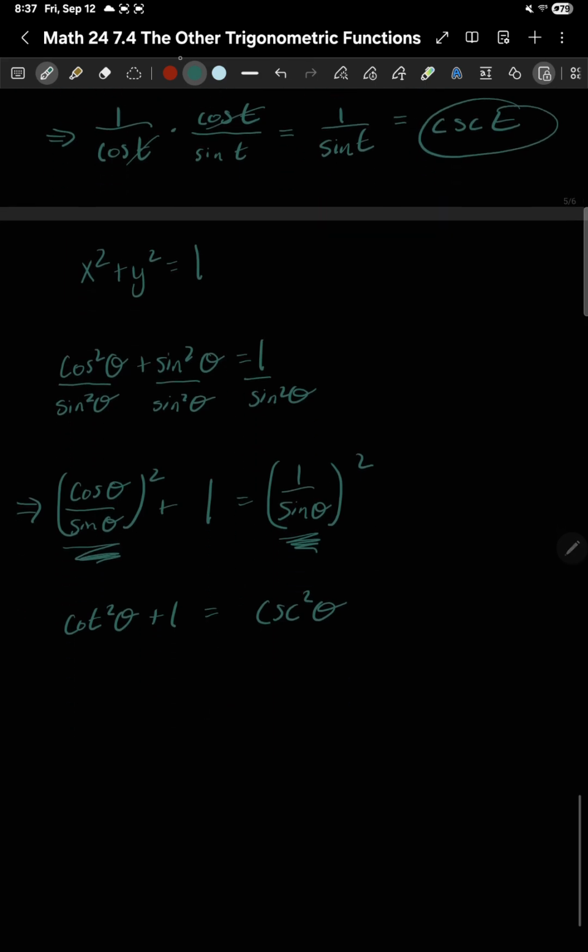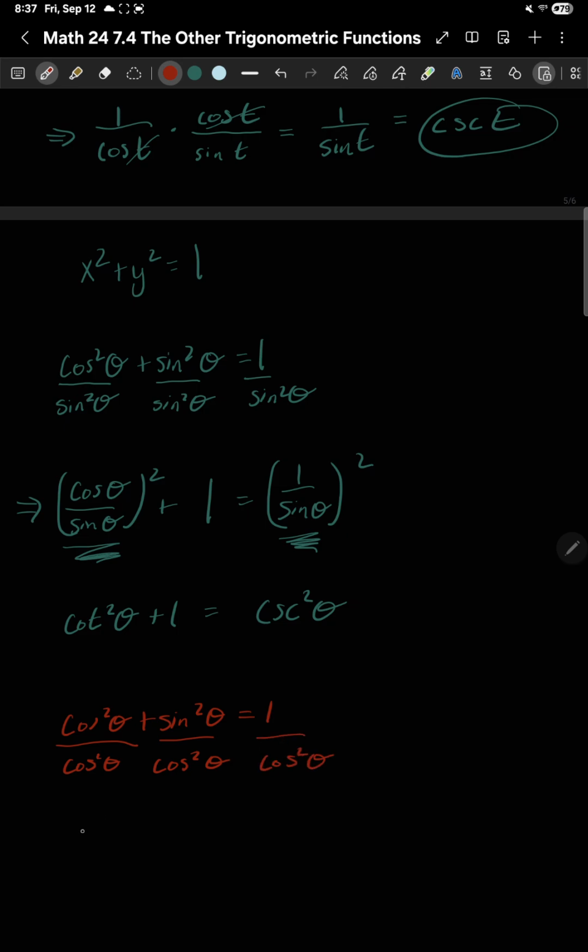And if we take our trig unit circle and this time divide it by cosine squared of theta, we end up with 1 here, because cosine squared divided by cosine squared is 1.